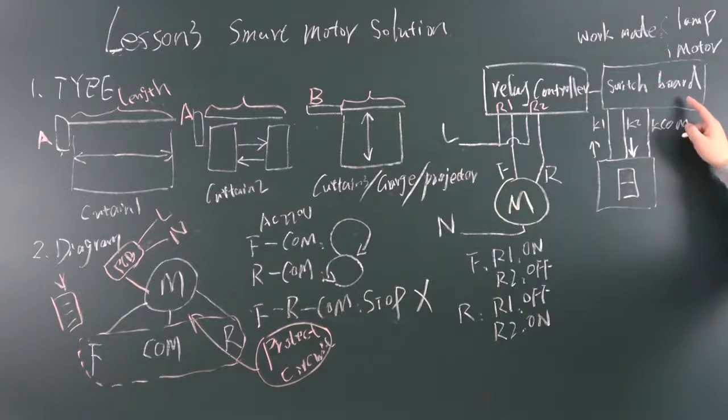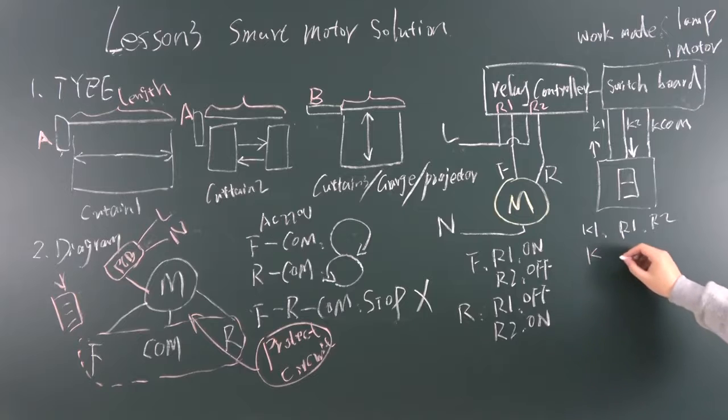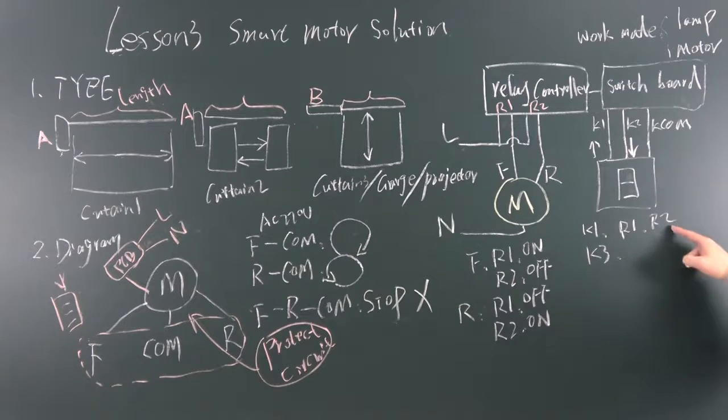And if you change the work mode to the motor, all relays and all key buttons will change every 2 relays. Just like K1 is for relay 1 and relay 2. And K2 is also for this, just to change the directions.